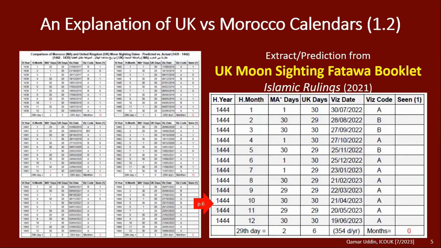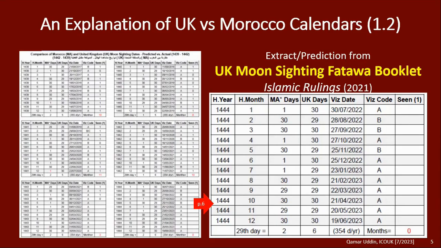No, this is what we call astronomy. We know precisely the position of the moon in the sky every moment of time, every day, every hour, every minute, every second. And by knowing its position and how far it is away from the sun and how far it is above the horizon, we are able to predict whether it becomes visible or not.